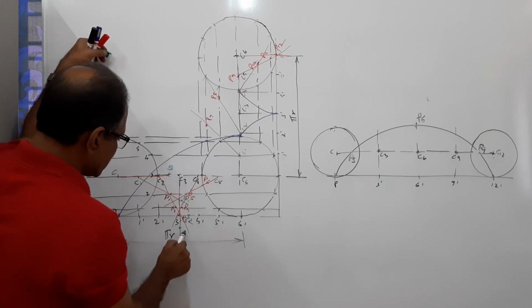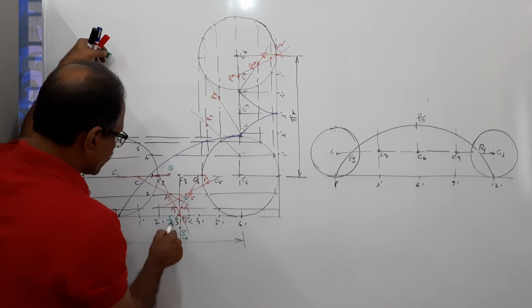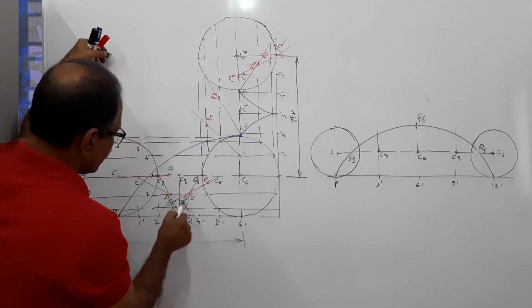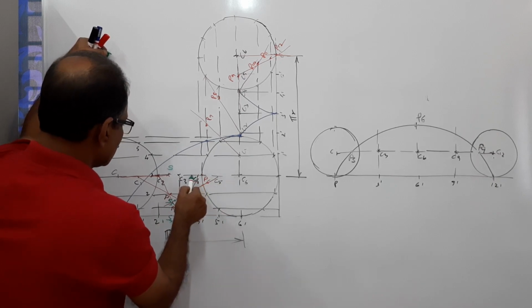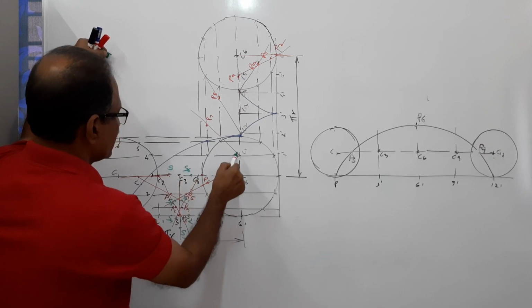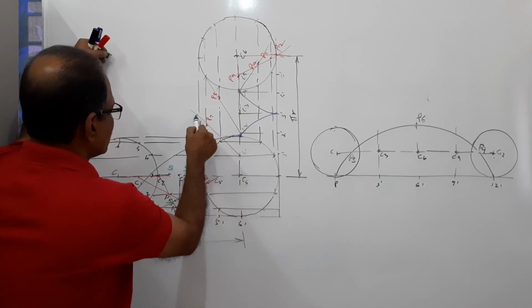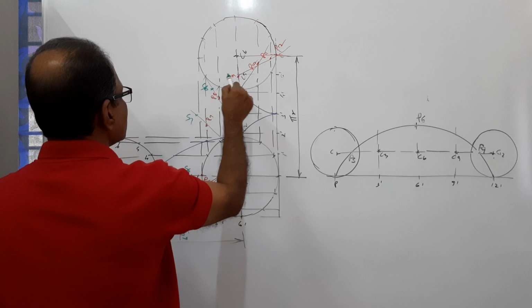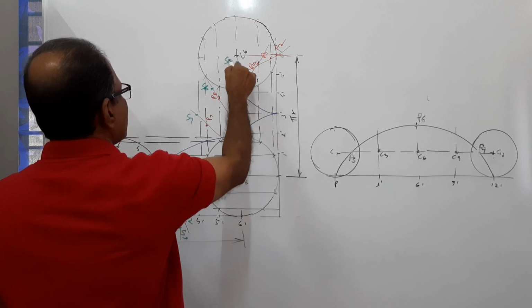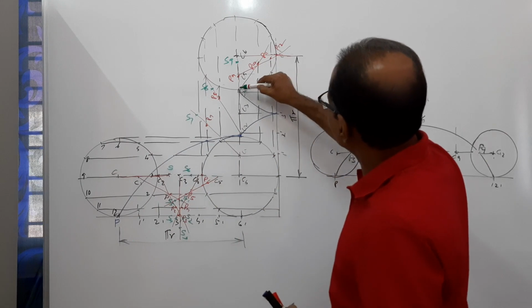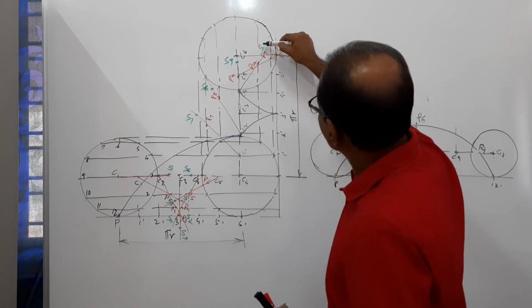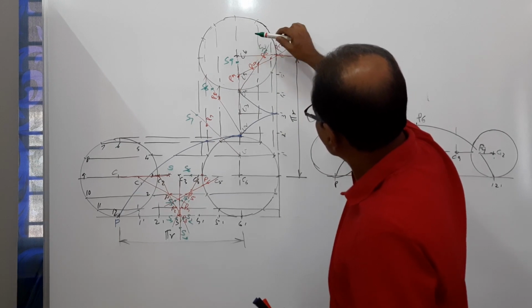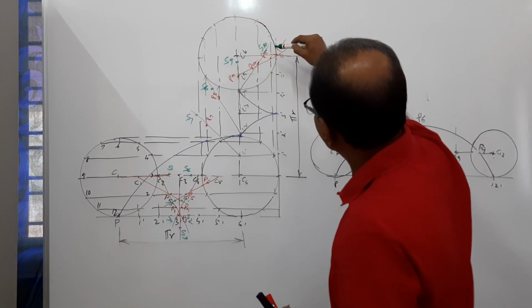C3, P3, S3. C4, P4, S4. C5, P5, S5, C6, P6, S6, C7, P7, S7, C8, P8, S8, C9, P9, S9, C10, P10, S10.